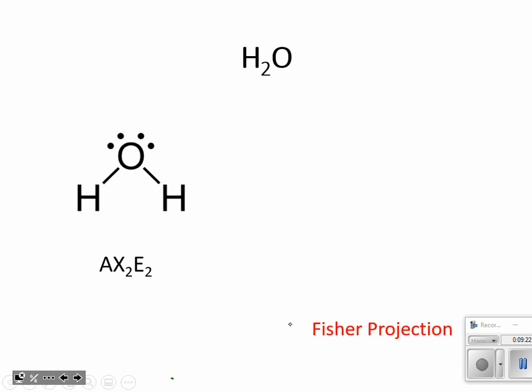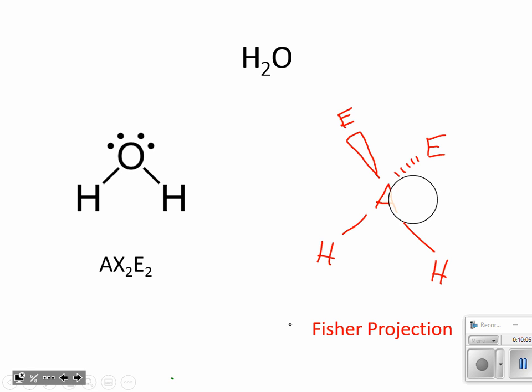As I'm looking at my Fisher projection for bent with two, I have hashes to an E, I have a wedge to an E, and then I have dashes to two X's. So that is the one I'm looking at in my Fisher projection. I need to go in. I know that my X's for this particular one are hydrogen.